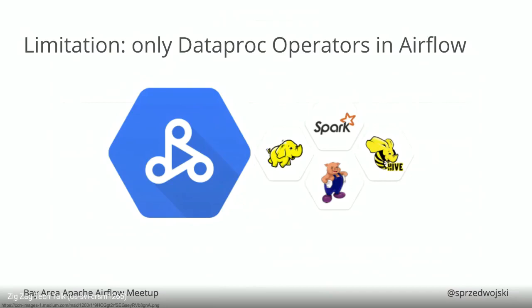We decided to initially only support Dataproc, and in the future, when Airflow has more operators for other cloud providers, or just generic Hadoop operators, then we'll give the user, for example, the choice of which operator to use.